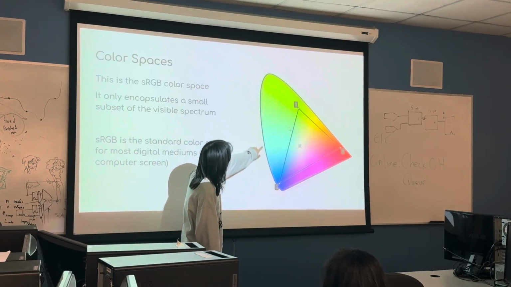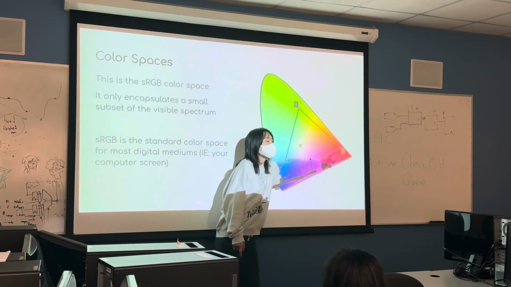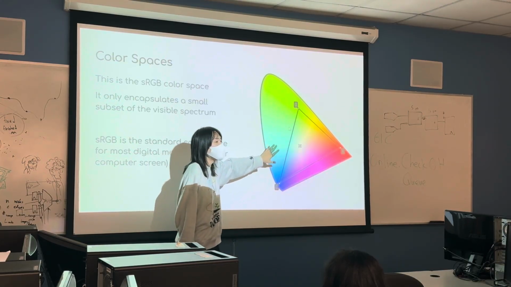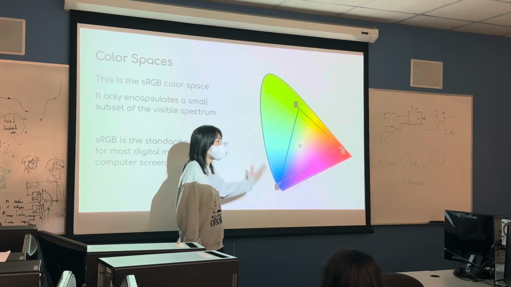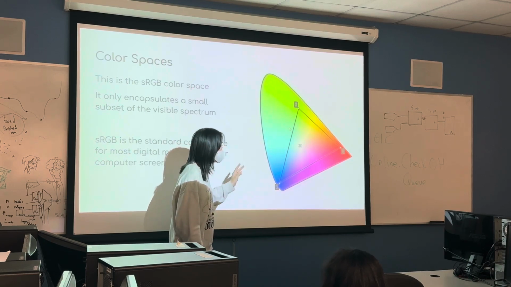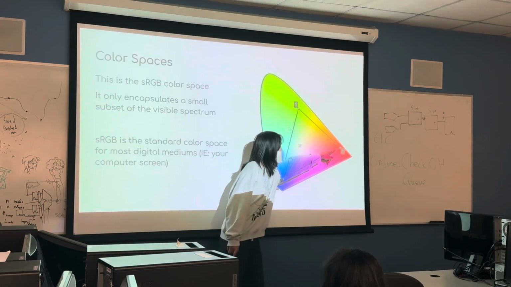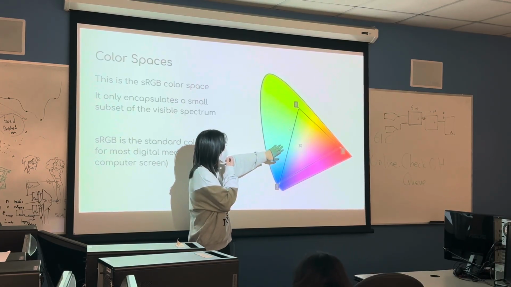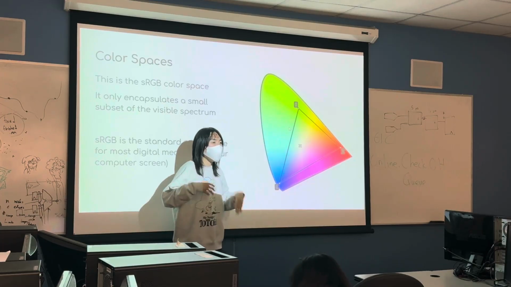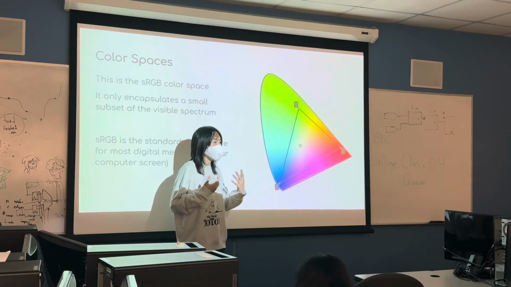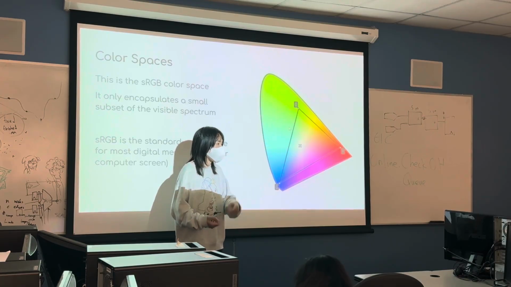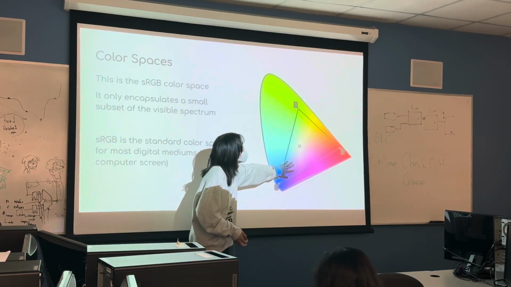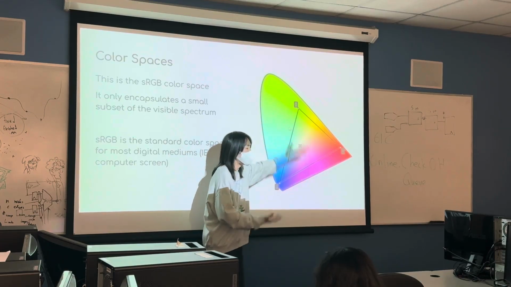So here is a diagram. This oval shape right here is the entire human color gamut, every single color that you can see with your naked eye. The sRGB color space is defined like this. It is a subset of all the colors. So you can't actually represent all of the colors that you see in real life in a digital world, because the color space itself just isn't encompassing all of these colors.